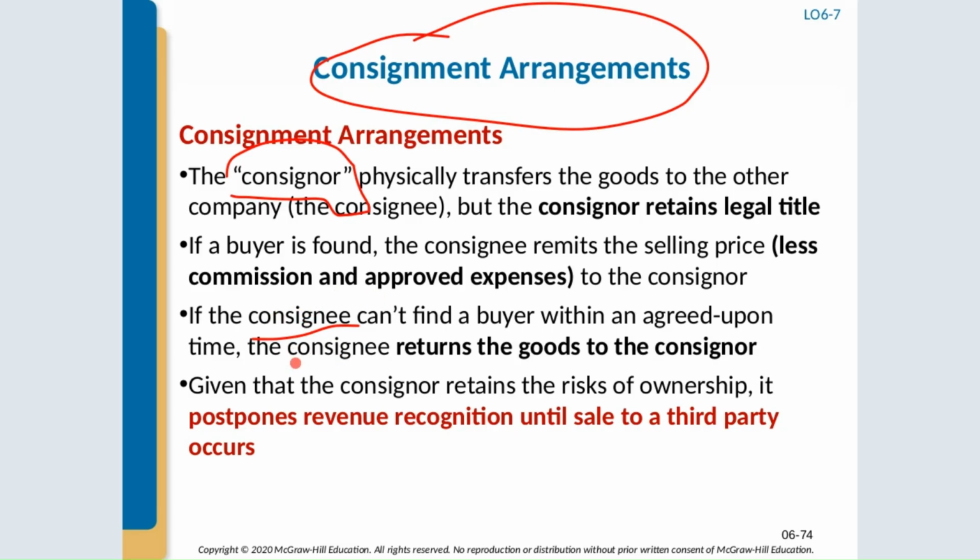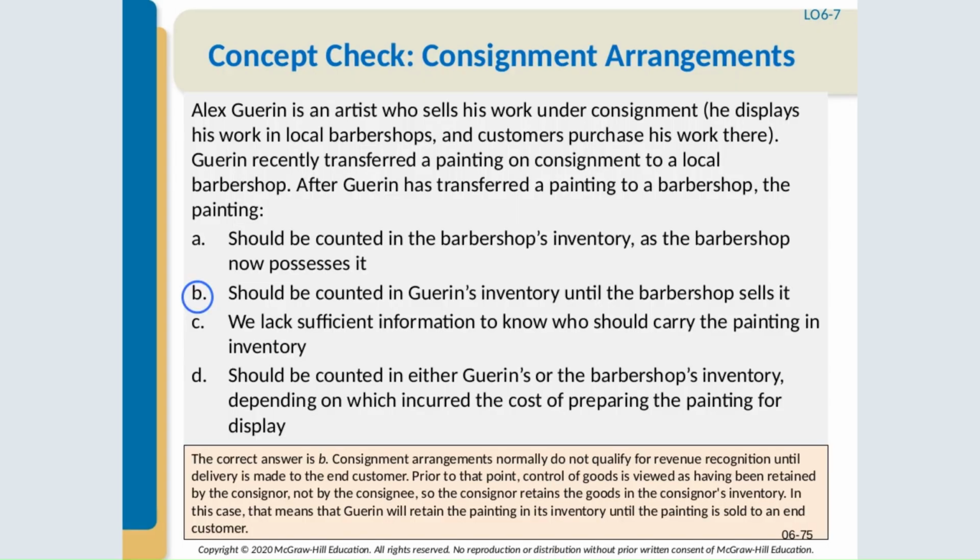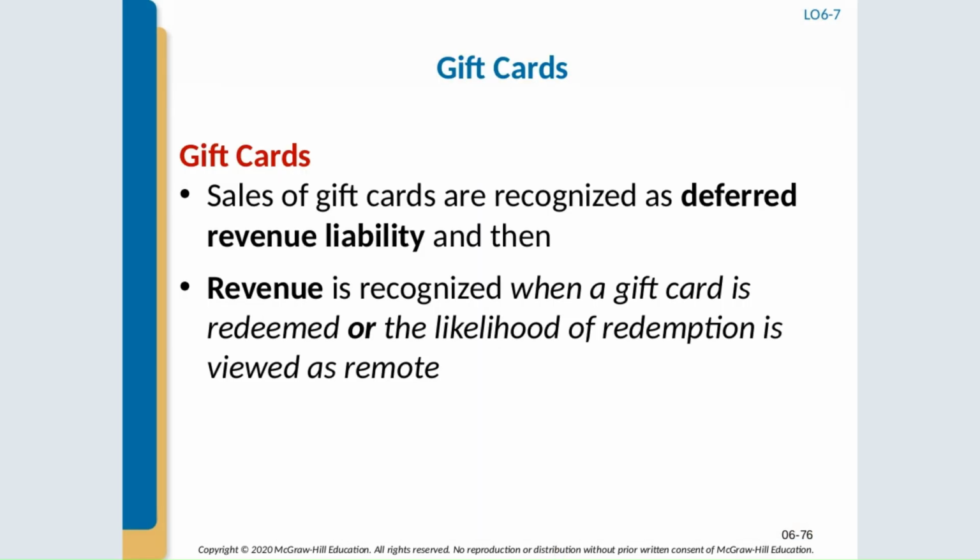The consignee has not actually purchased the goods from the consignor, so the inventory does not transfer to the consignee. The consignee, again, is the middle person. They're just selling it for the consignor. And so the consignee is going to get a commission or a percentage of each sale or something like that. They're not going to carry the inventory on their balance sheet. The consignor does. Okay, so these types of relationships you need to understand, especially if you are auditing.